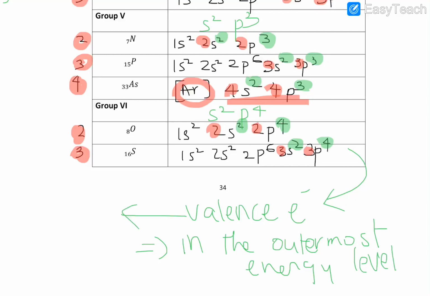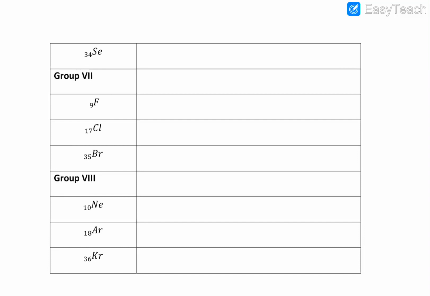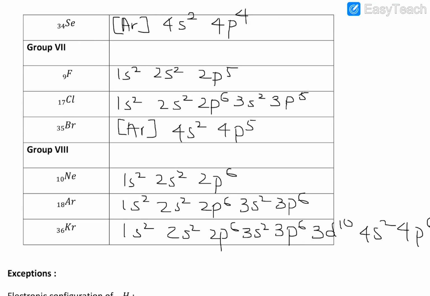This is what tells you the valency, and it is indicated by the group number. Complete these ones as well, and then check your answers.